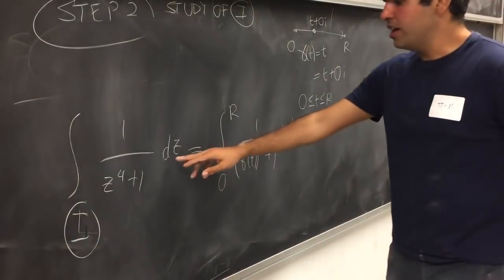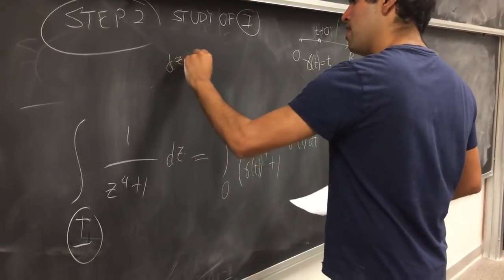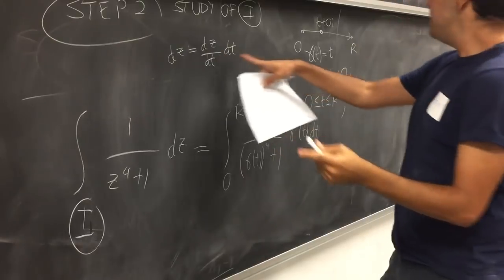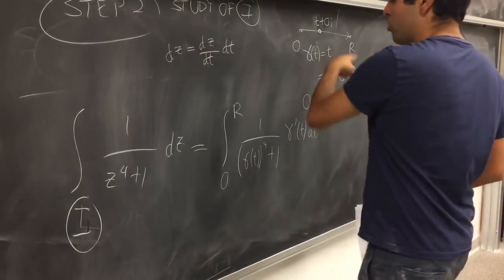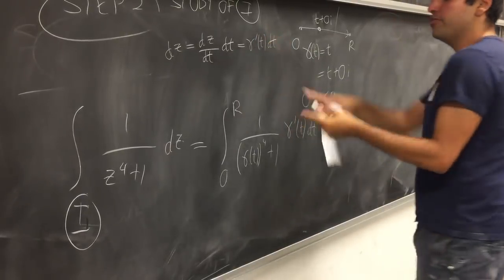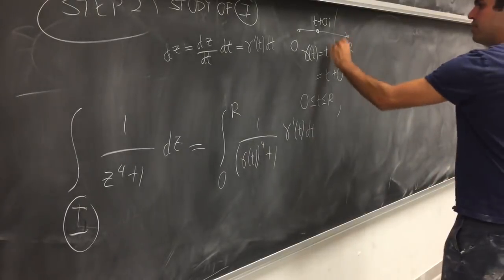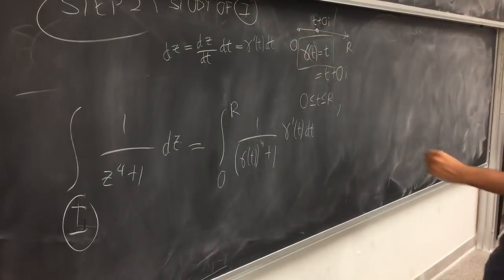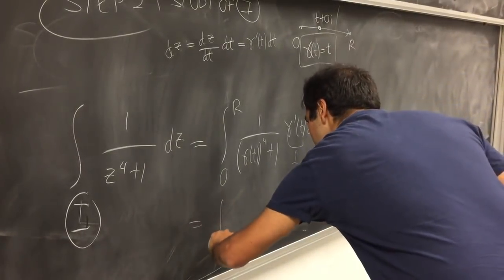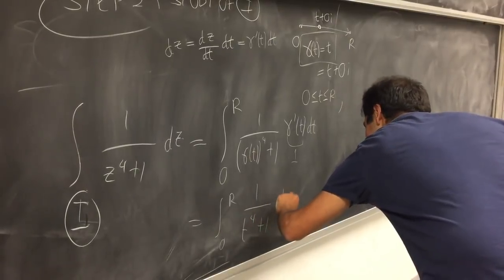That follows, heuristically, from dz equals dz over dt times dt, where dz along the curve gamma is phi prime of t dt. But look, phi of t equals t, so the derivative is just 1. So in the end, we have the integral from 0 to r of 1 over t to the 4th plus 1 dt.